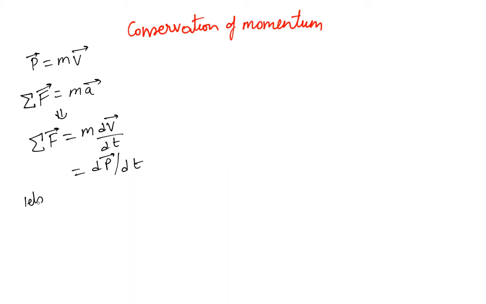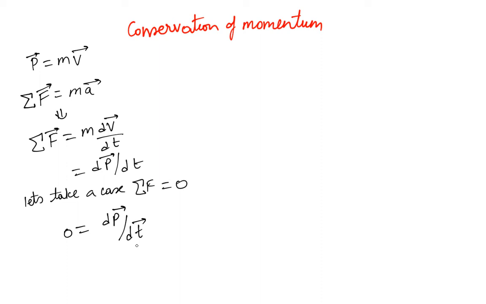Let's take a case when the sum of all the forces is 0, which means there is no force acting from outside on the particle or on the system. If that is true, then we can say 0 equals dp over dt, that is, the rate of change of momentum is 0.